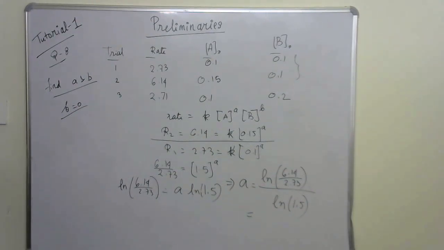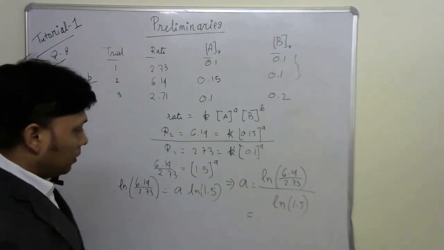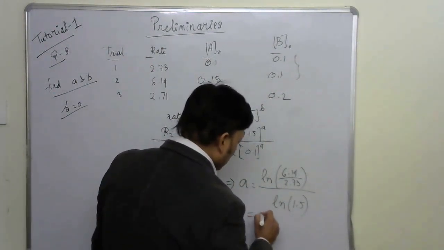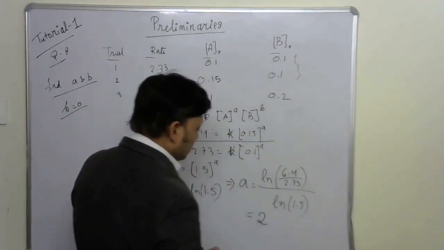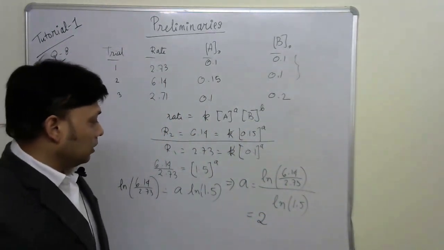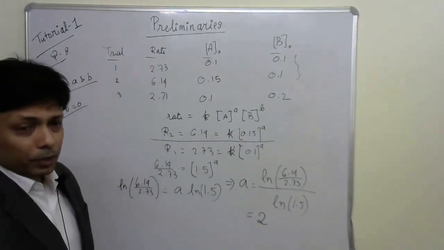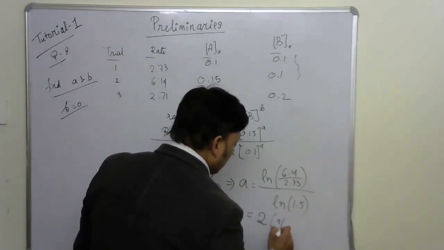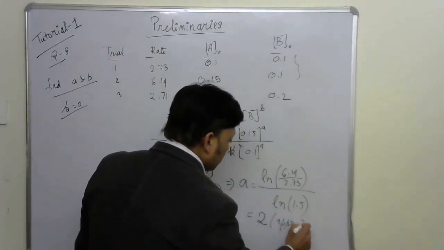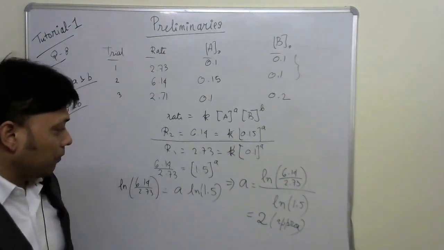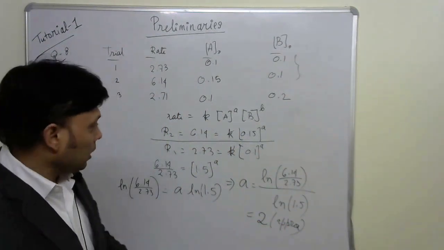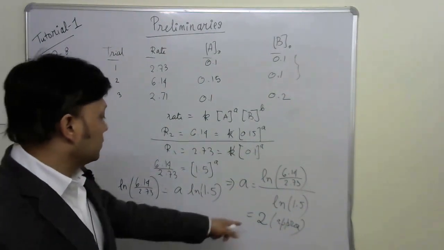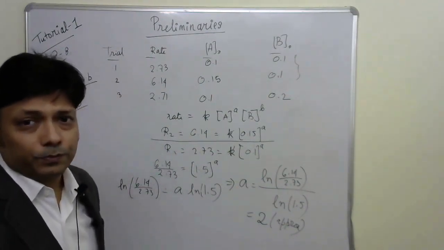Please make sure that you take the nearest whole number, and it will come very close to 2, or approximately 2. We can take this approximation safely because it comes very close to 2. So please check it out and verify whether this answer is true.